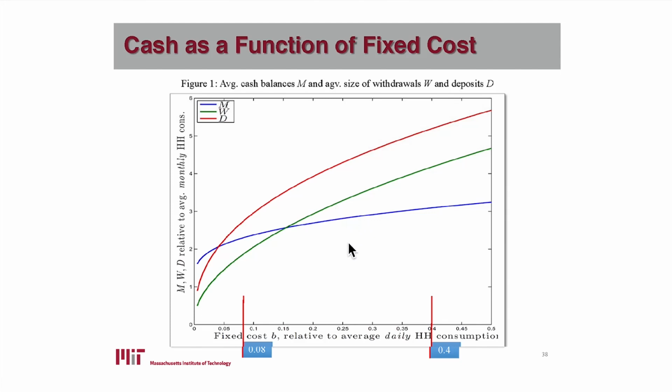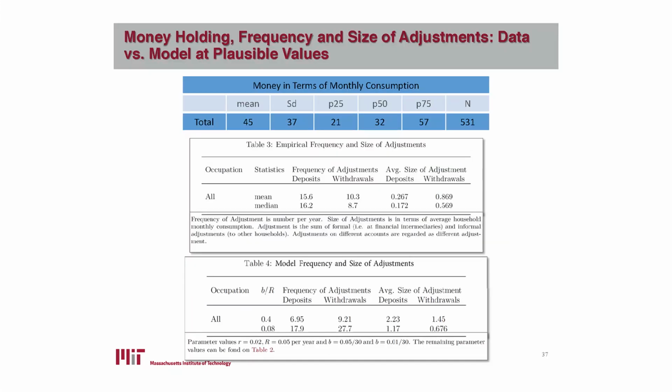Taking the reality to be the calibrated expenditure flows we see in the data, along with a few other reasonable assumptions, I assure you, we can look at how much cash they should be holding relative to consumption. That's this blue line, and we can barely get it up to 3. The number in the data is 32.